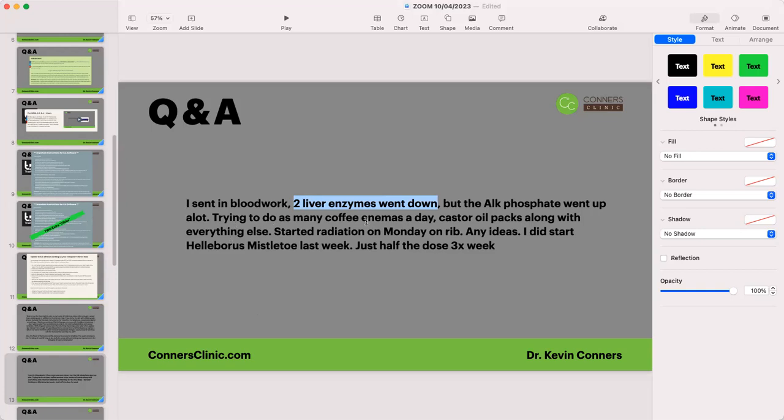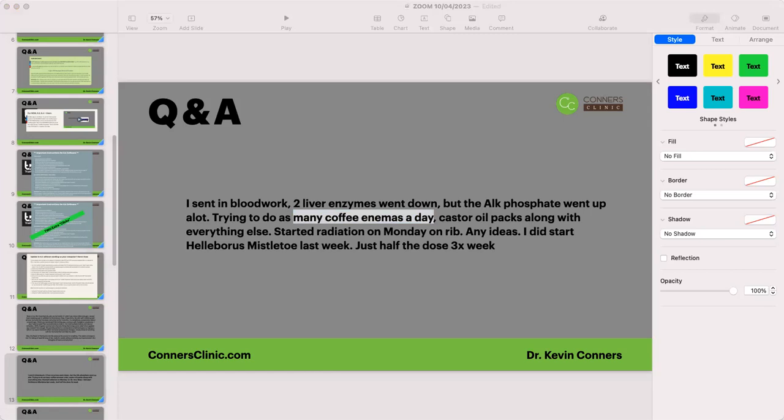Trying to do as many coffee enemas as possible a day is probably what's helping detox the liver and helping with the liver enzymes, along with castor oil packs and everything else. Started radiation on Monday on the rib. Any ideas? I did start the Helleborus mistletoe last week, just half the dose. So understand there are two different types of mistletoe used in mistletoe therapy.